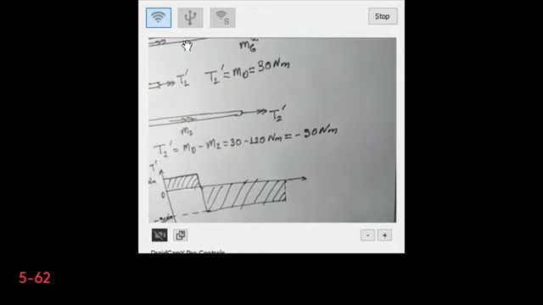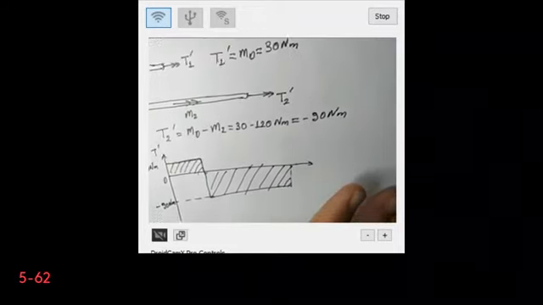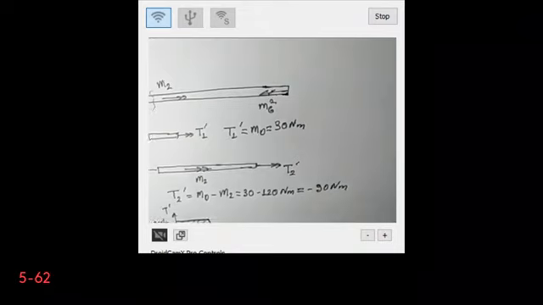Okay, now I have the torque distribution. Next I need to calculate the angle of twist. In fact, the first thing that I need to do is to calculate the angle of twist of gear 2 with respect to the point D. This is what I'm going to do.